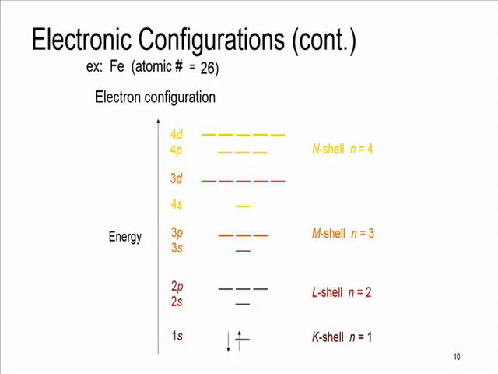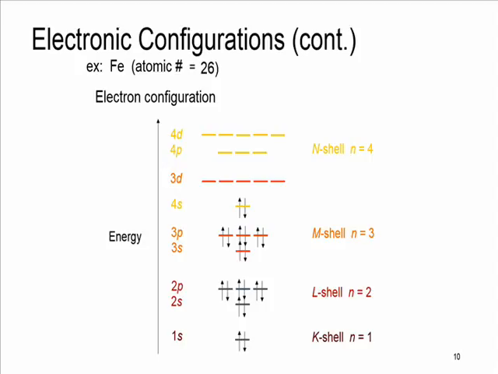The first 2 electrons fill 1s, then 2 for 2s, another 6 for 2p, another 2 for 3s, then 6 for 3p, and we have another 2 for 4s. So far we are done with 20 electrons.